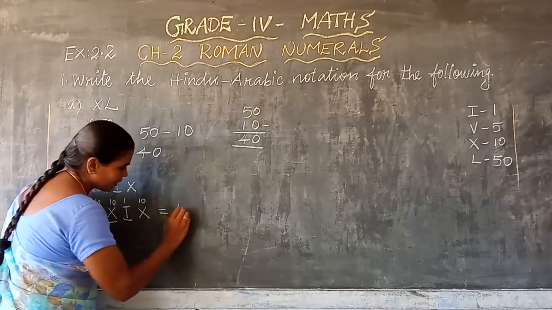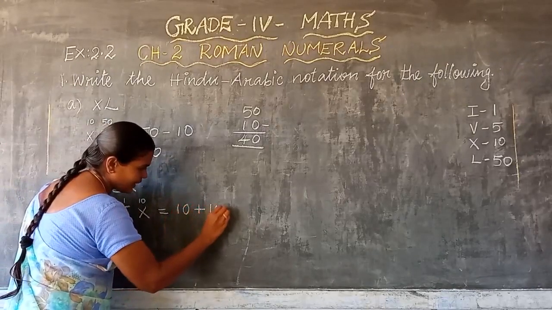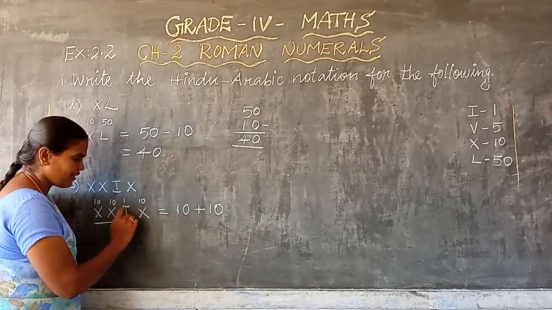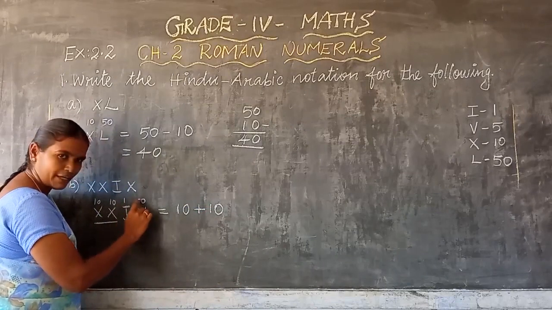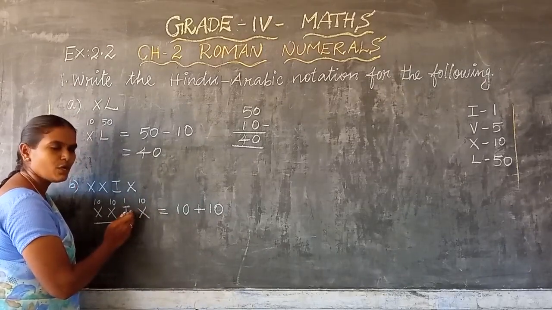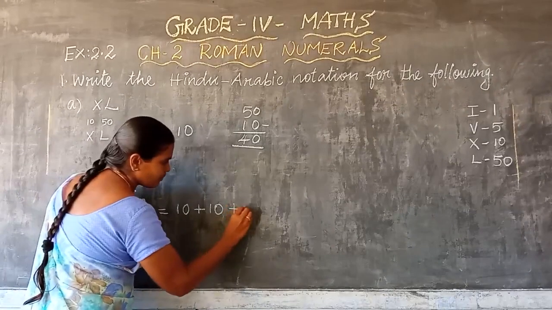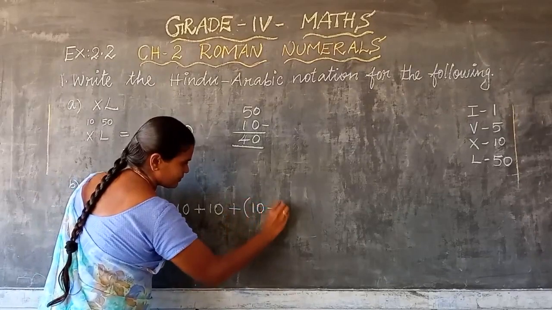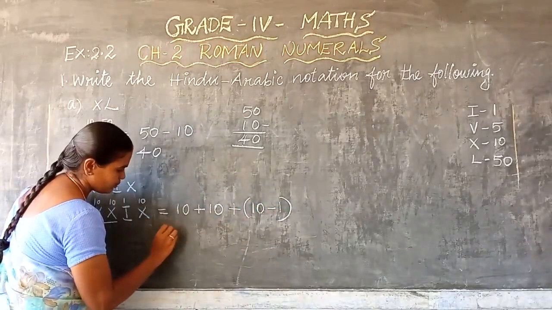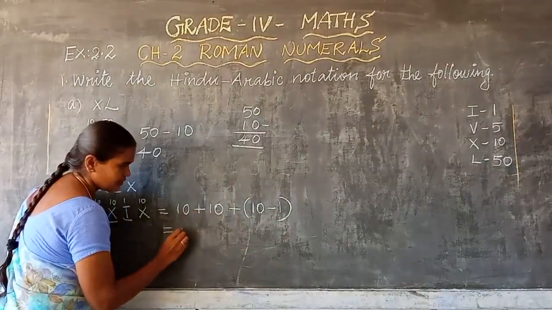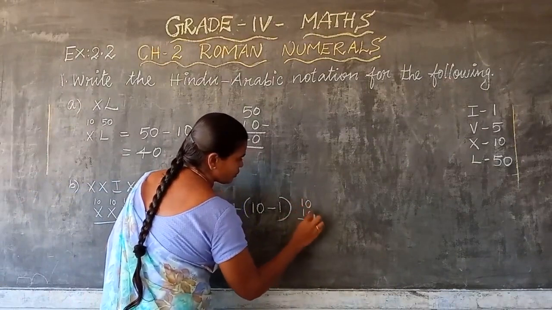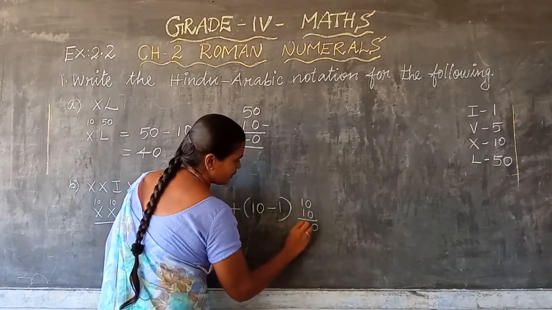So 10 plus 10. Here I, X: I value 1, X value 10. Greater number with the small number on the left side, so subtraction. So these two numbers do subtraction, 10 minus 1. Now 10 plus 10, if you don't know, arrange the numbers 10, 10. 0 plus 0 is 0, 1 plus 1 is 2.